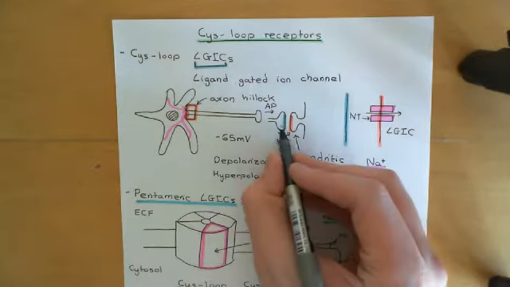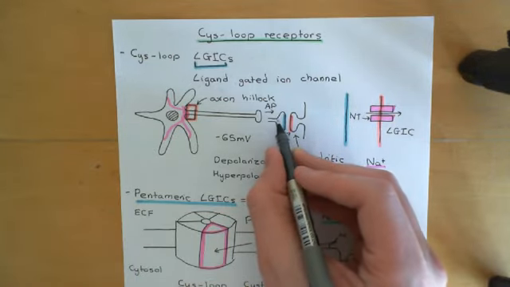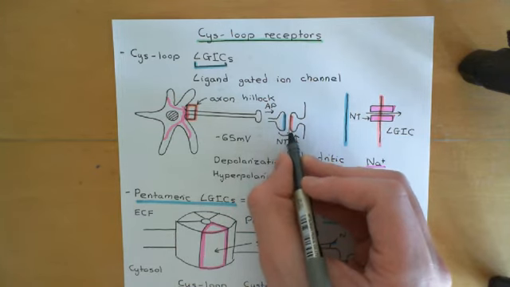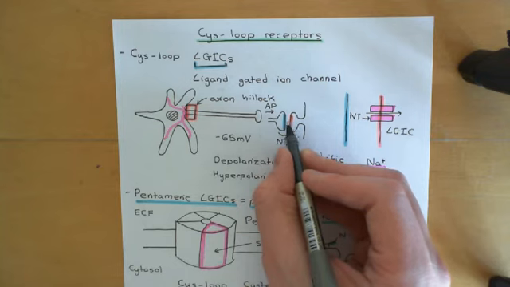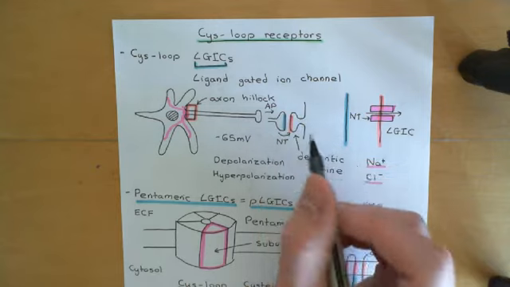So if you want to have an excitatory synapse, then the presynaptic neuron will release glutamate onto the postsynaptic neuron, which will then have ligand-gated ion channels for glutamate, which we're not going to discuss in this video because they're not cis-loop ligand-gated ion channels. Those will then open and allow sodium ions into the cell.